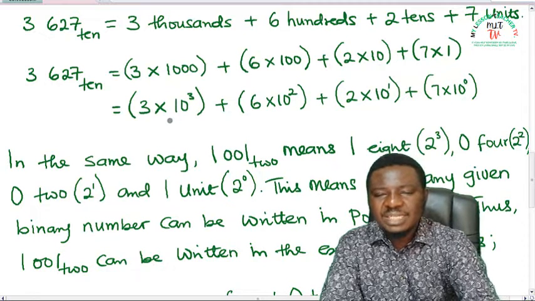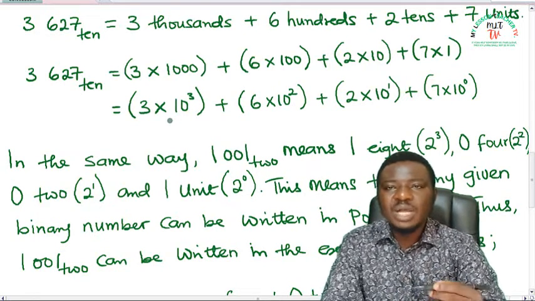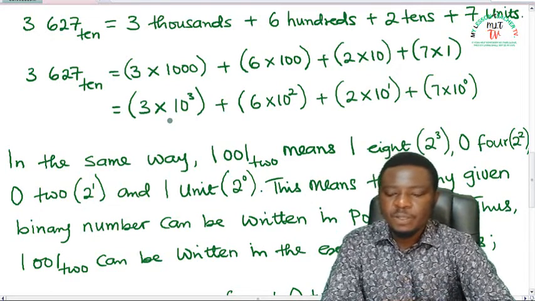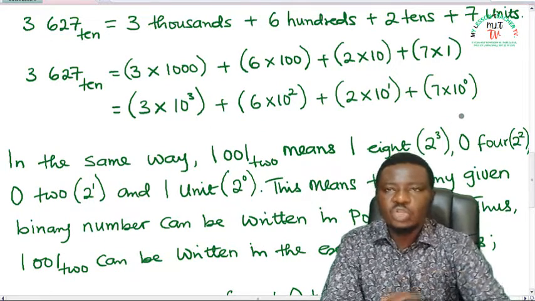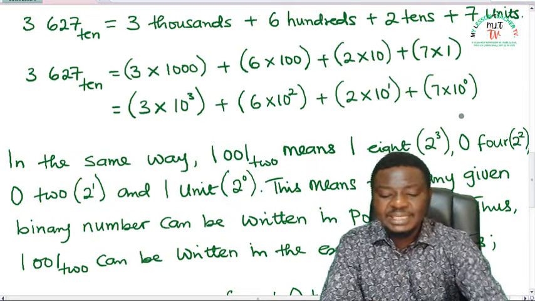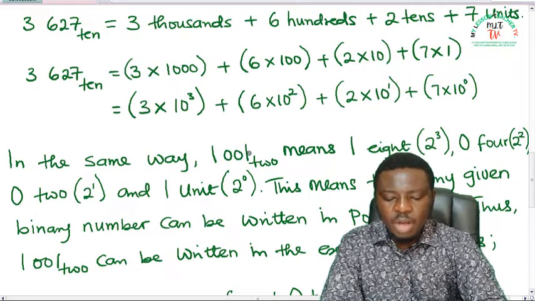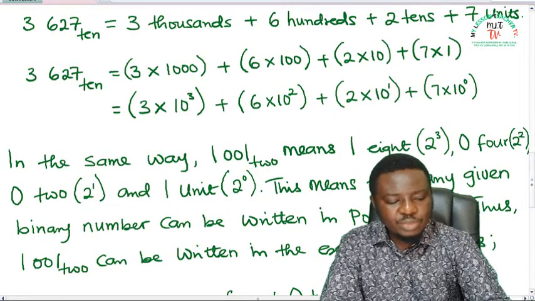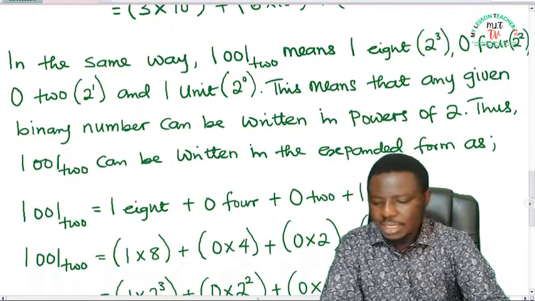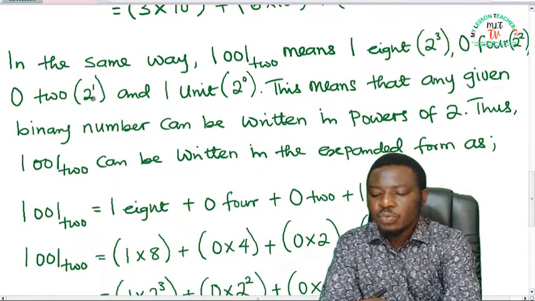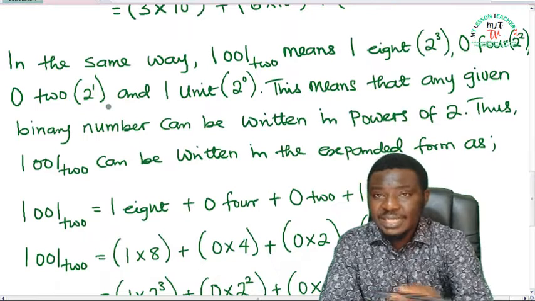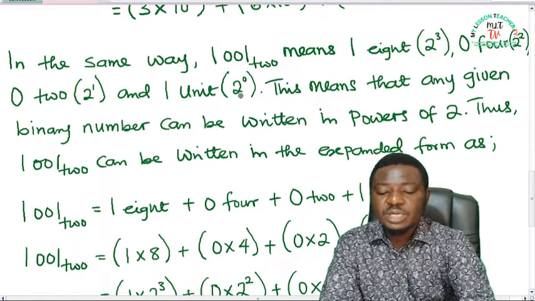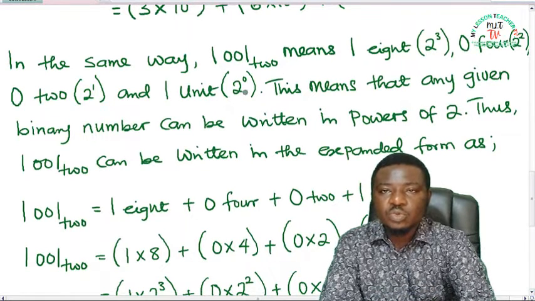Now, all these are written in multiples of 10 because you are dealing with what? Base 10. So in expanded form, this is what you get. In the same way, 1001 base 2 means 1 eight, and 8 can be written as 2 to the power 3, 0 four, and 4 can be written in base 2 as 2 squared, 0 two, which 2 can be written as 2 raised to the power 1 in index form, and 1 unit, which 1 can be written as 2 to the power 0.